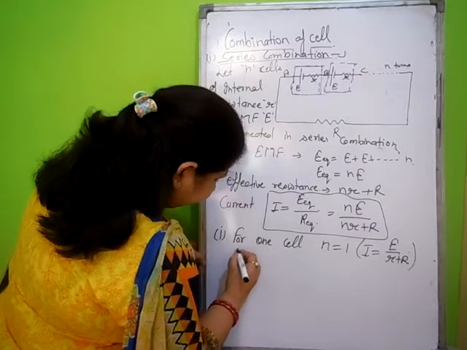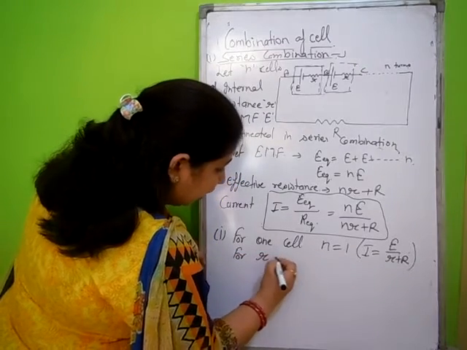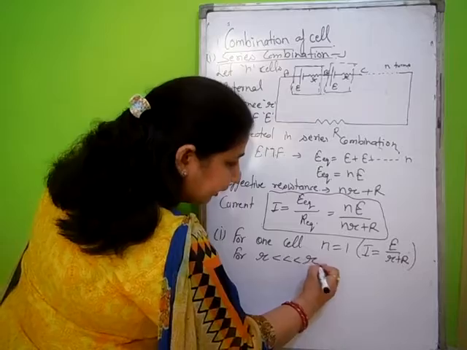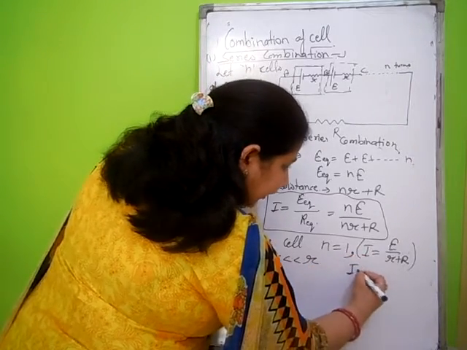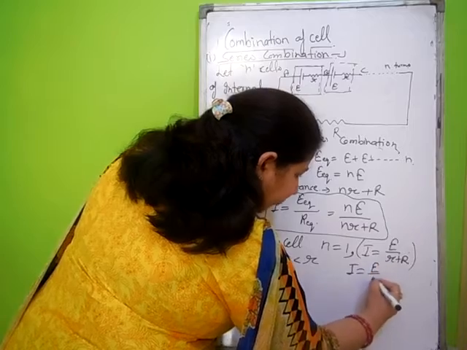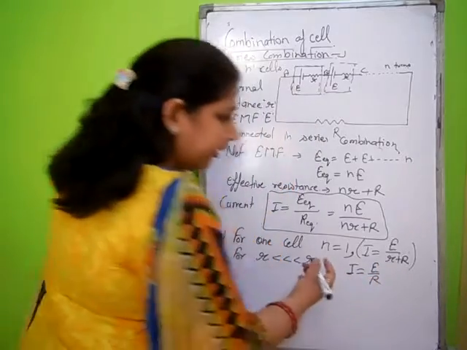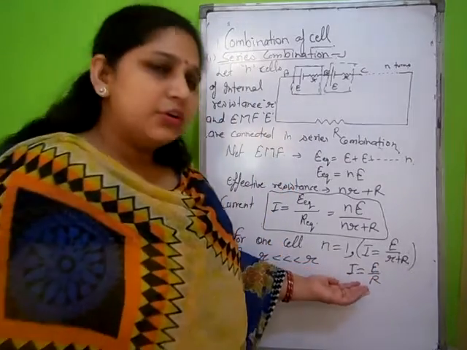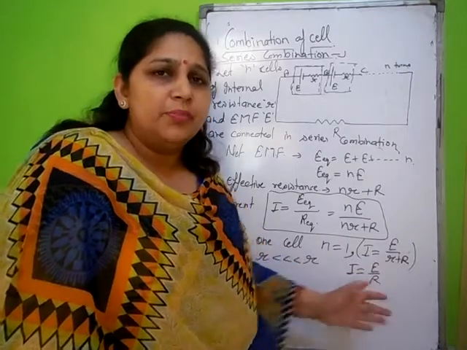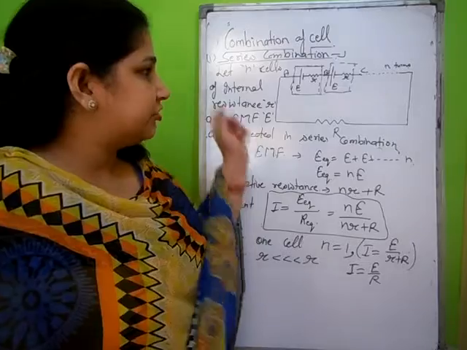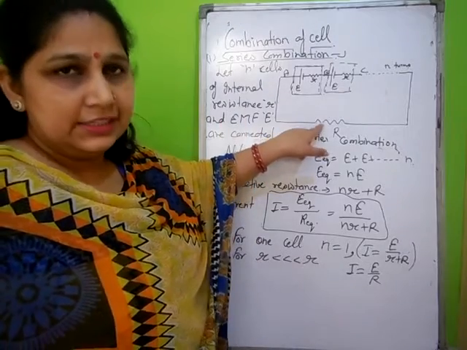For small r much smaller than capital R, then we have I is equal to E upon R, which we already took earlier, that the total current of the circuit equals total EMF upon total resistance, where we considered only the external resistance.